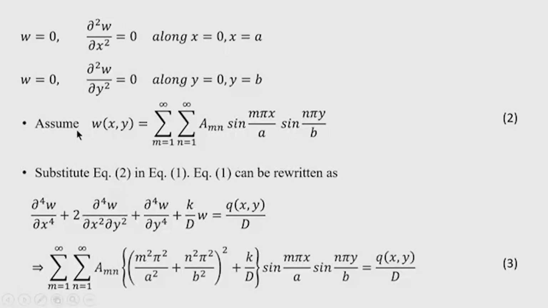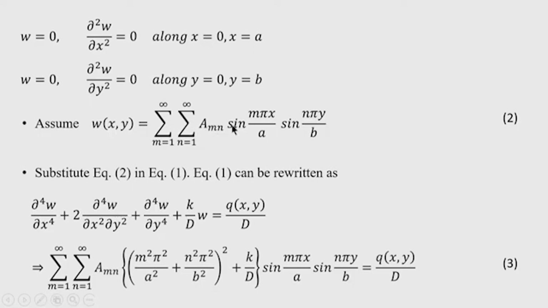Now, according to Navier, we assume a double trigonometric series, because this series satisfies the differential equation completely and the boundary conditions fully. So, depending on the value of A_mn, the correct value of W or the deflection surface can be obtained. Okay.